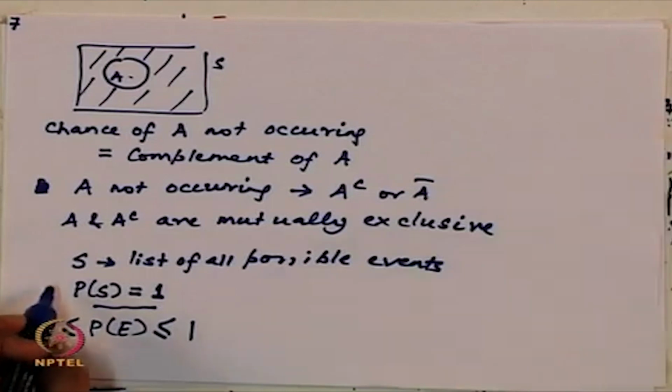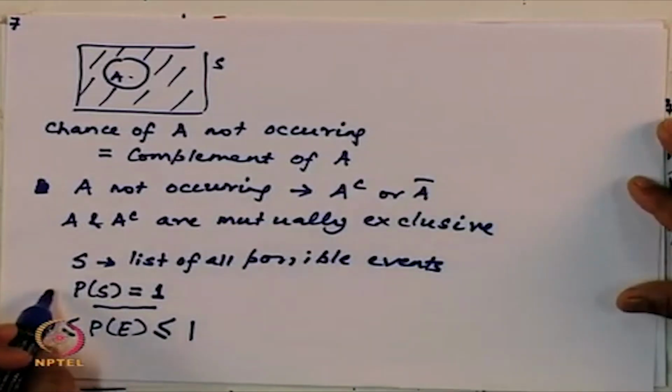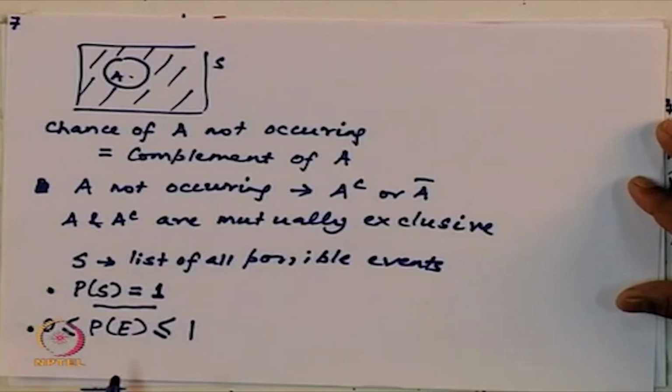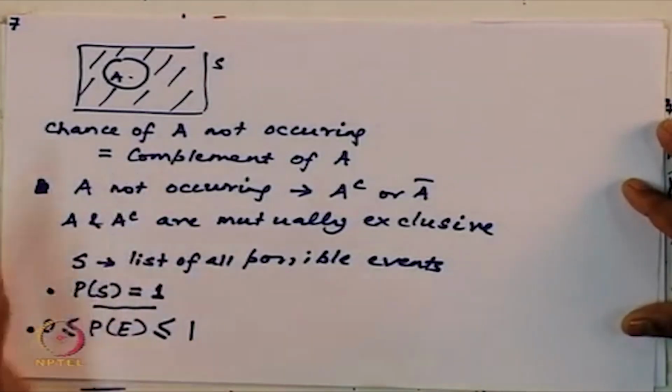So, one axiom is that the probability of the sample space is equal to 1. The second axiom is that the probability of any event E is less than or equal to 1 and greater than or equal to 0. Now I can write for events which are mutually exclusive.